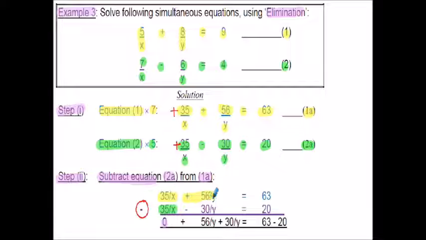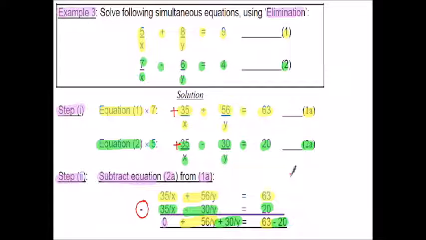Positive 56 divided by y, subtract a negative 30 divided by y, actually be a positive 56 divided by y, add a 30 divided by y. A double negative there gives you a positive. On the right hand side of the equation we've got 63, subtract 20 from that.